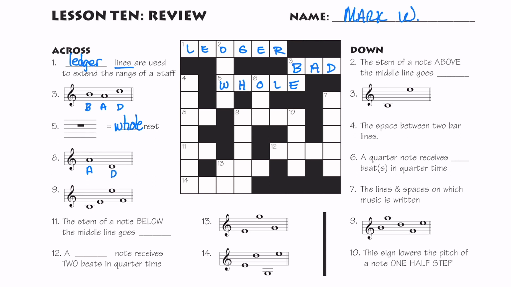Not really a word. Where is 8? There it is. A-D. All right. Number 9. Below the C is B. E, F-A-C-E, F, beef. You got a beef with me? I hope not. All right.